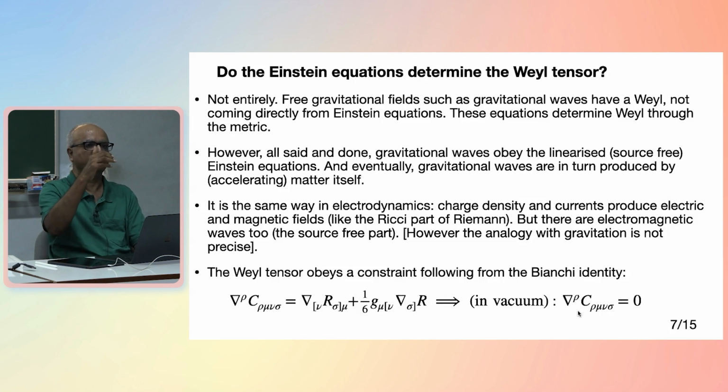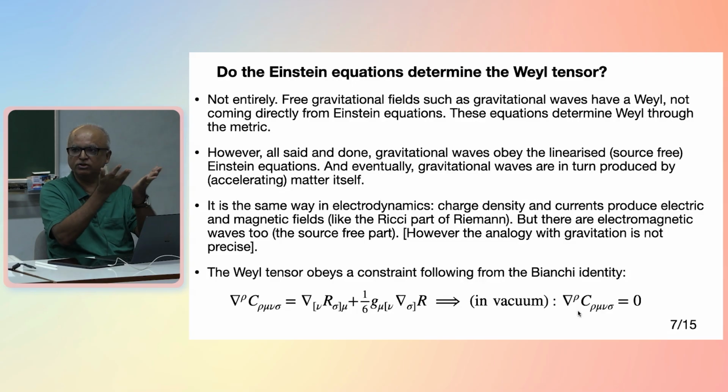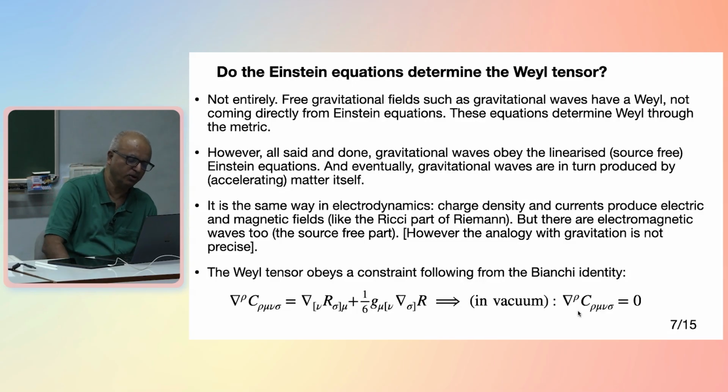M by r square, m by r cube. So what the Riemann tensor is doing is the stretching. That's what the geodesic deviation equation is. It is stretching the distance between geodesics, making it less or more, etc. So this is all that I have to say about the Weyl tensor's interpretation.